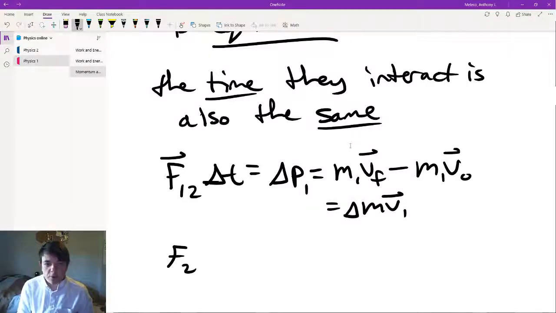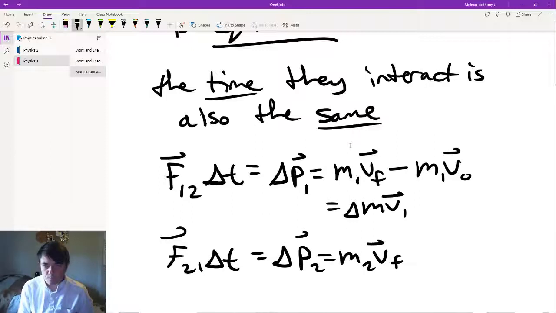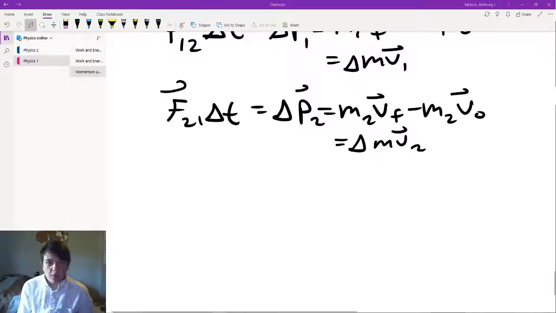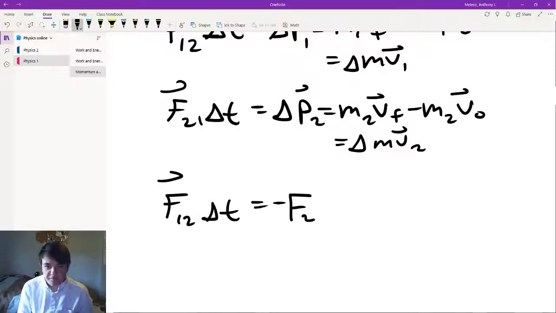And then the force on particle 2 on 1, we can do the same thing. Forgot to give these guys vectors. And so what we can conclude is F12 delta t equals the negative F21 delta t, from Newton's third law.